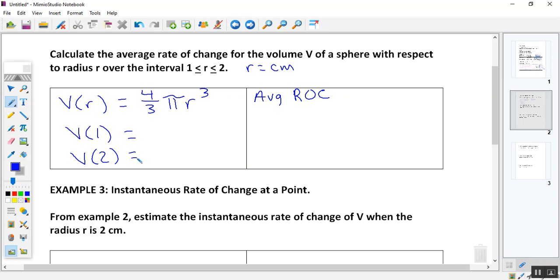4/3 pi. So give me a decimal on that. Let's just go maybe 2 places. So about 4.19 cubic centimeters. Okay. How about the volume when the radius is 2?